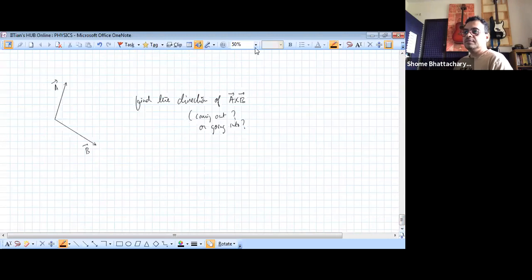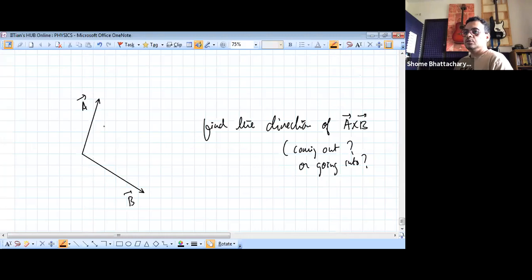Here we'll have to place our palm in such a way that your thumb is pointing along this direction and your fingers are pointing like this. When you do that, you see your knuckles will be facing towards you. Your palm is facing the other way. You're placing your hand like this.